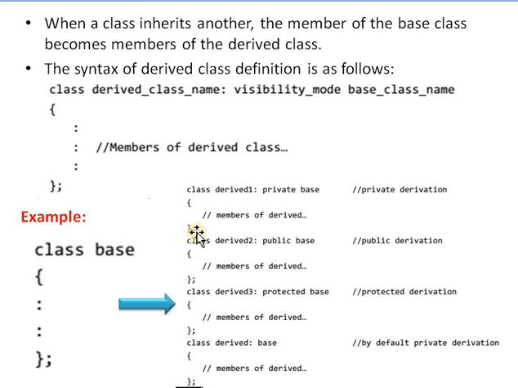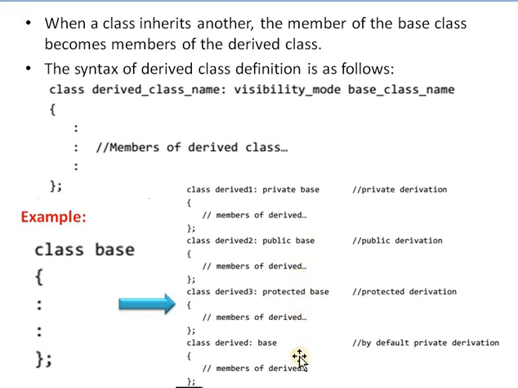Again another class is derived, derived2, using public derivation. That means here I use the public visibility mode. How to do it? Class keyword, then derived class name, colon, access specifier and base class name. This is the example of how to derive a class in C++.